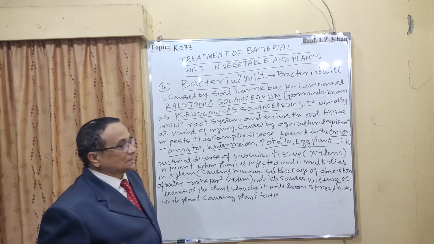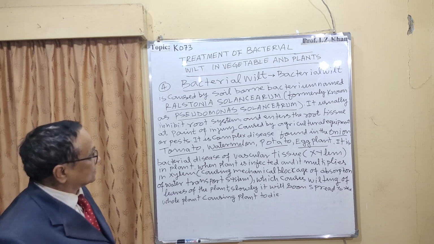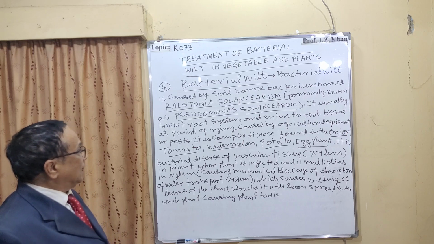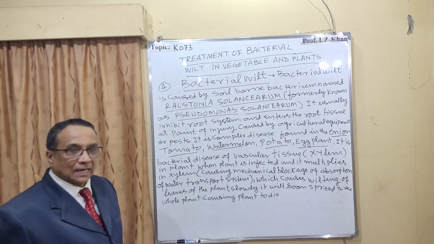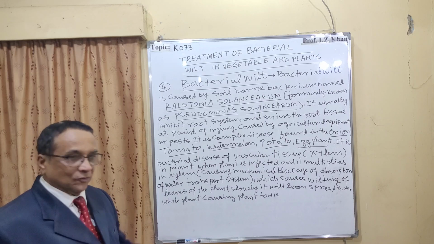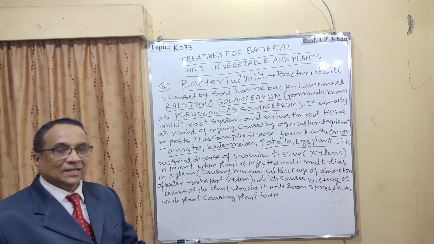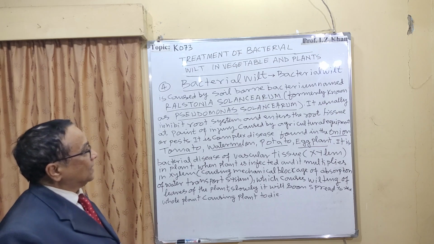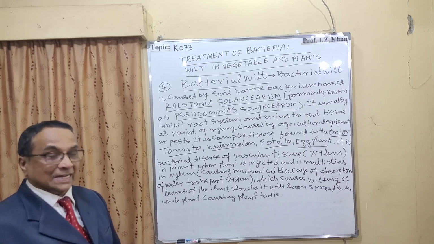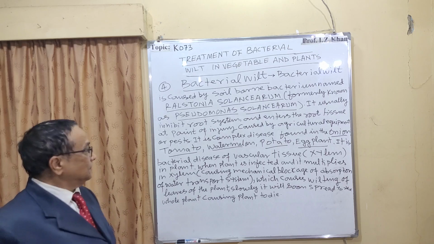formerly it was known as Pseudomonas solanacearum, and it usually inhabits the root system and enters the root tissue at points of injury caused either by agricultural equipment, like the hoe, or any instrument when you are doing weeding, to clean the unwanted vegetation, or by pest injury.